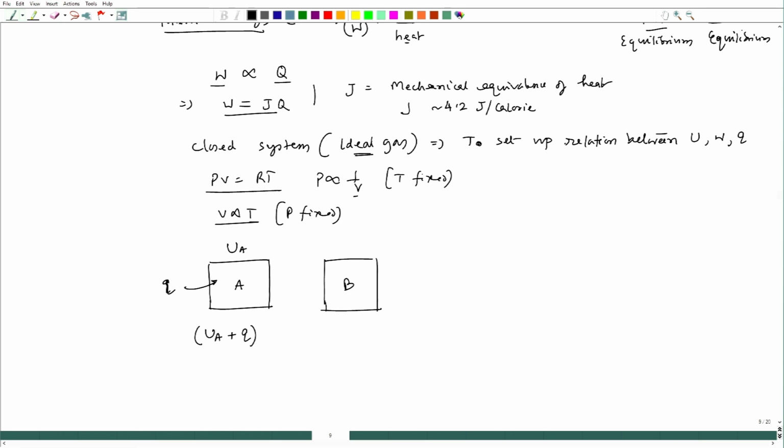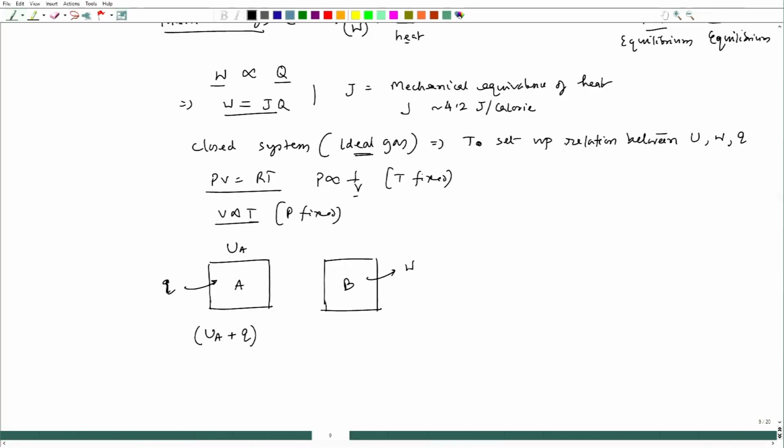Because this Q is absorbed by the system, the system energy goes up. Once you send Q, the system starts changing its state, and while changing from state A to state B, it does some work.